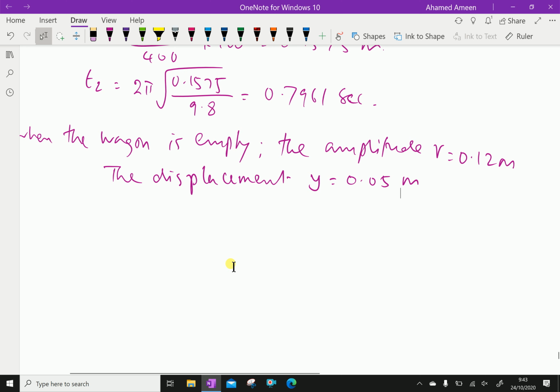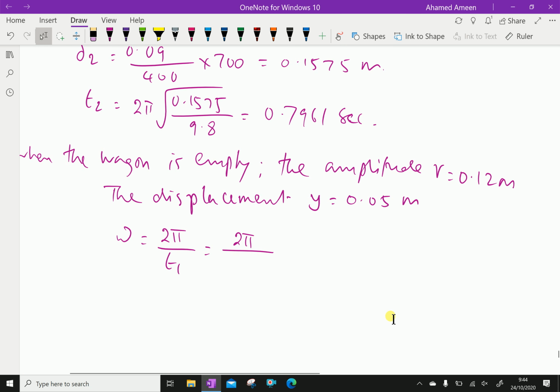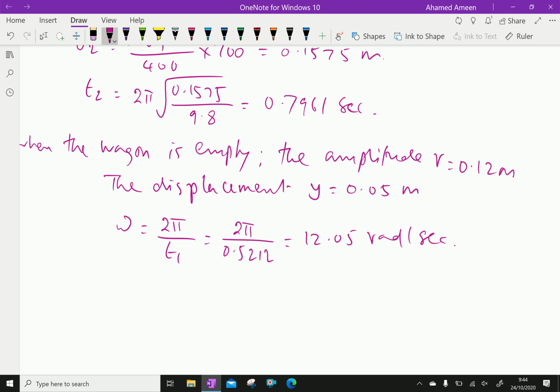Then omega when wagon is empty, 2 pi by T1, already we have T1 is 0.5212, which is equal 12.05 radian per second.